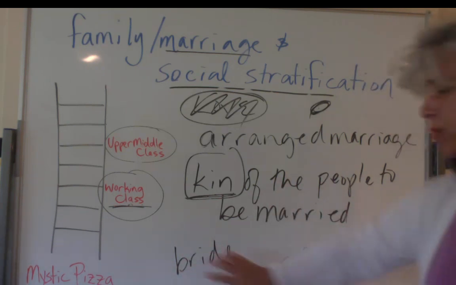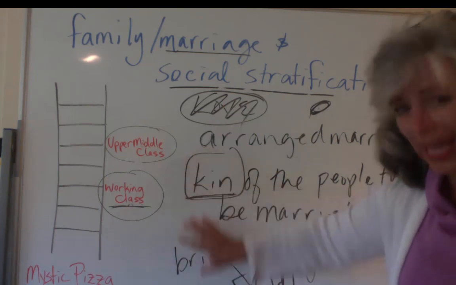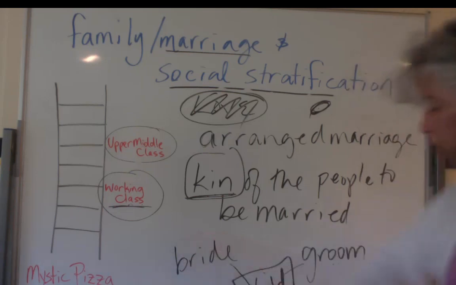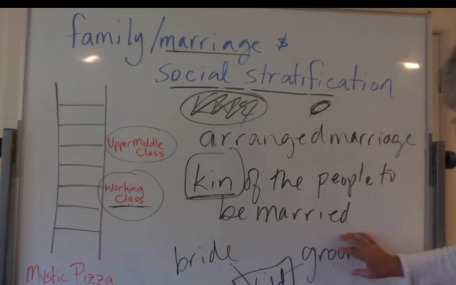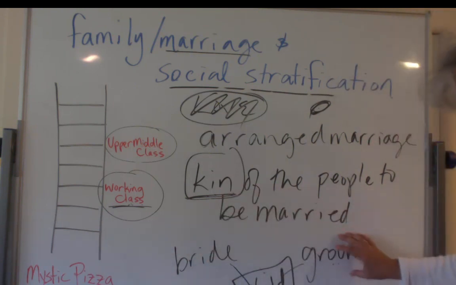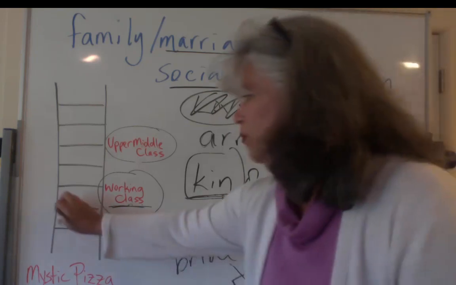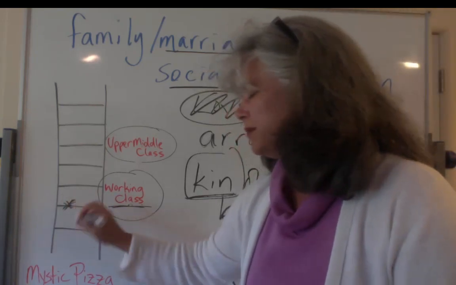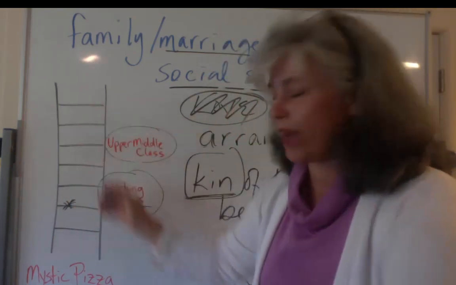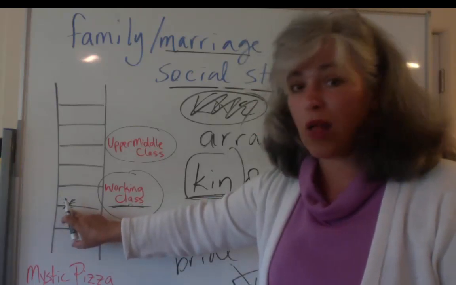And therefore, this person maybe comes from a terribly impoverished household, but her kin might make arrangements with this person himself in order to marry this person to this person, and automatically bring this person who maybe was born, I'm using the United States social ladder here, on this rung of this ladder with relative poverty.